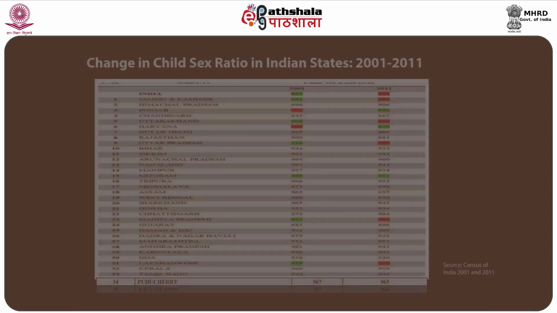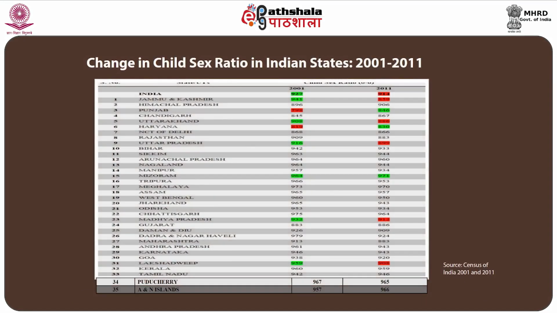It's also important to look at the regional patterns in the child sex ratio. Not only is the child sex ratio in India continuously declining, but it has been quite skewed in different segments in different parts of the country.